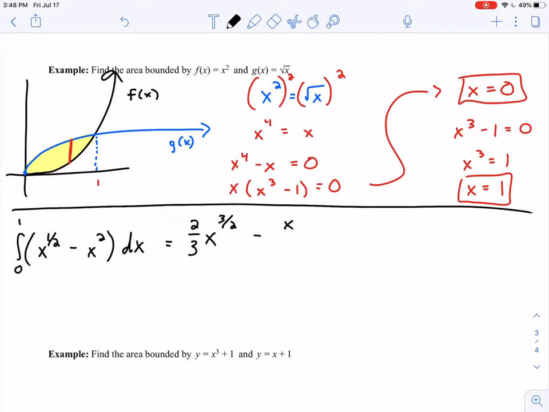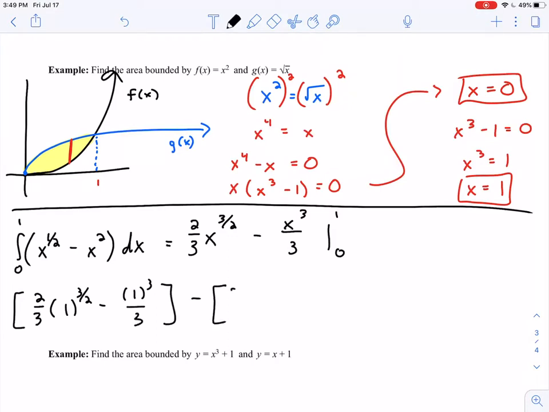Minus, over here, I should have x to the 3rd over 3, or 1/3 x cubed, evaluated at 1 and at 0. So let's see, I should have 2/3 times 1 to the 3/2 power minus 1 cubed over 3, minus 2/3 times 0 to the 3/2 power minus 0 to the third over 3.